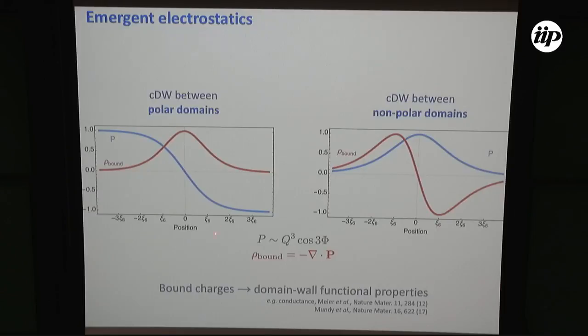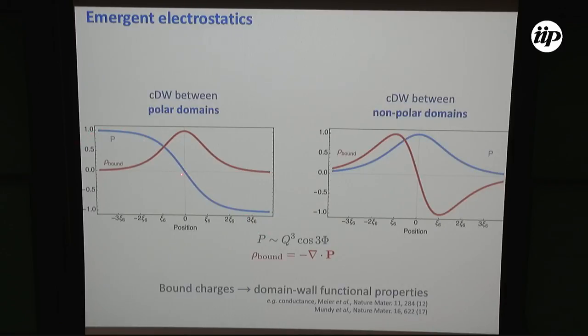For example, for the domain walls, it has been found in this paper that we can have enhanced conductance, and this can be explained very easily. For example, in the case in which we have polar domains, because this depends on the anisotropy term, this is the profile that we find for the spontaneous polarization.